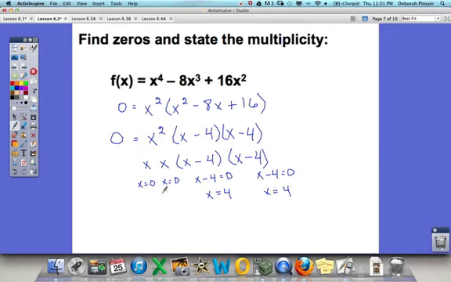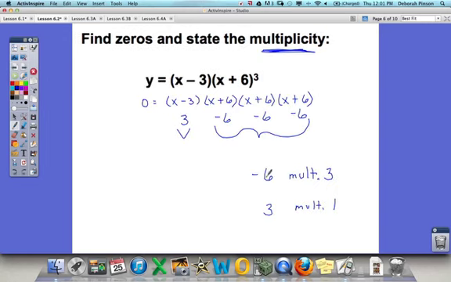Okay, so here are my answers. 0, and it repeats twice, so multiplicity of 2. And 4, also multiplicity of 2. So it's all about factoring. Now, I want us to go back to the problem we did a minute ago, just because I want you to see this. Well, actually, we'll do that tomorrow.